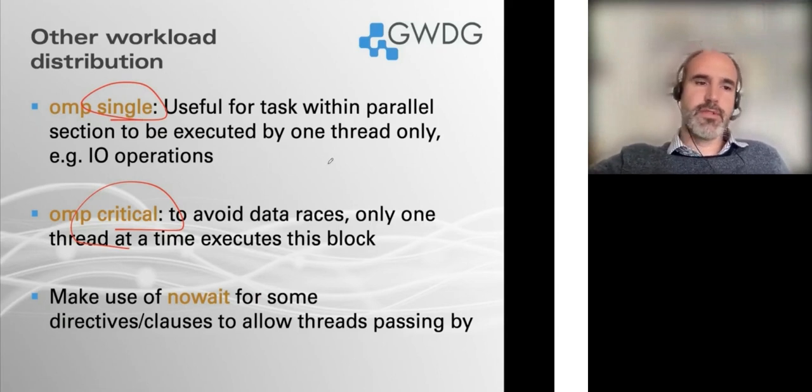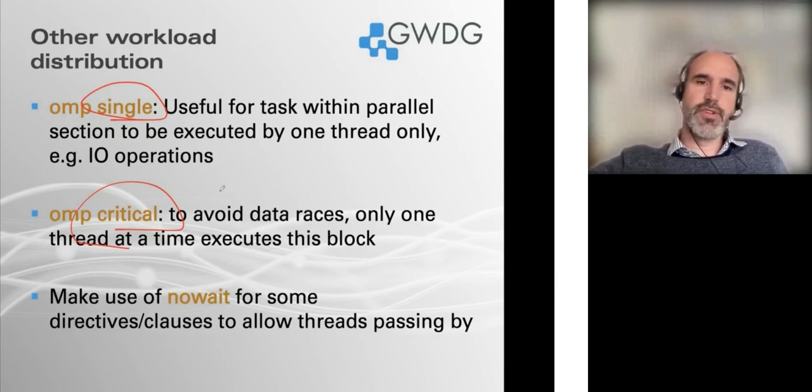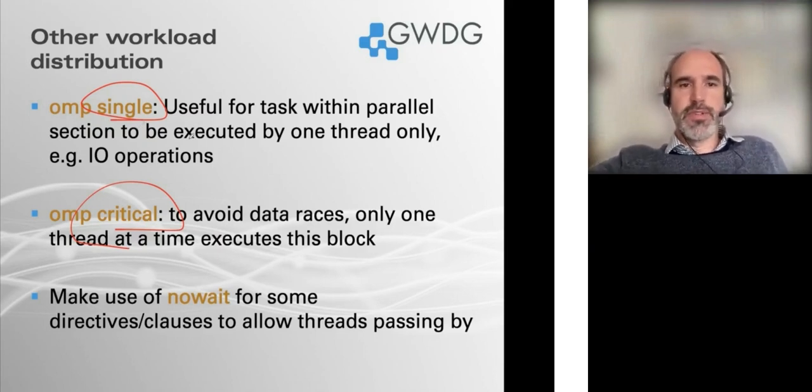So if you have to do I/O operations, for example, usually this is done by one thread only. Often people use, for simplicity, the master thread, and then they say if thread ID equals 0, then do the operations. But here you can just say let the runtime environment decide which thread is doing this.